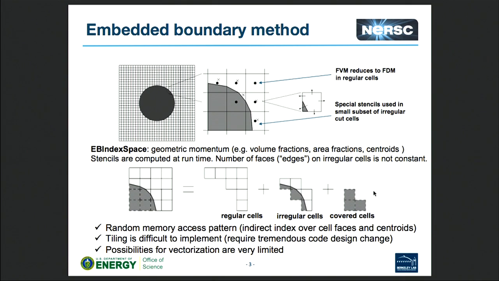It's something in the middle, and it introduces some challenges for my project. Tiling is difficult to implement. Possibilities for vectorization are quite limited. The memory access pattern is indirect, and there are a lot of jumps when we compute derivatives in advection terms or viscous terms, or in the Laplacian for the elliptic solver. So there are a lot of jumps in memory.